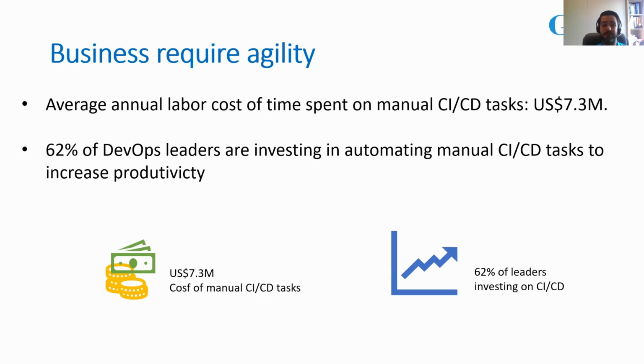Along with this information, over 62% of DevOps leaders are investing in automating the CI/CD tasks. This comes along with this idea of automating those CI/CD tasks that we'll be discussing.